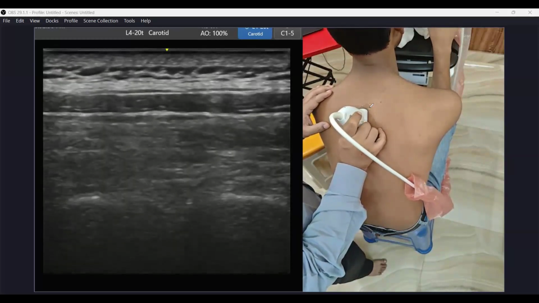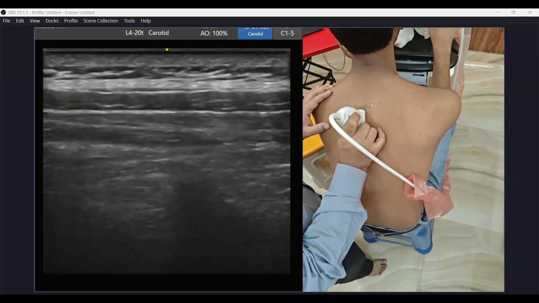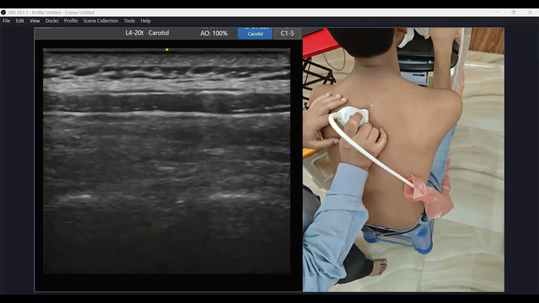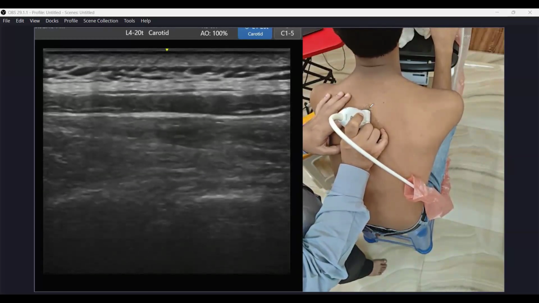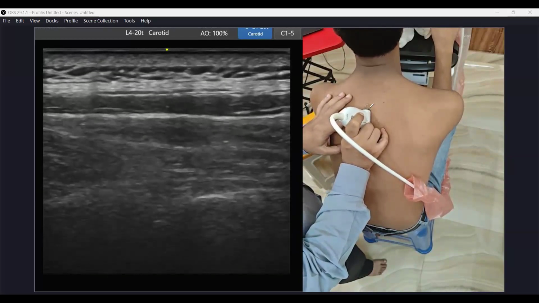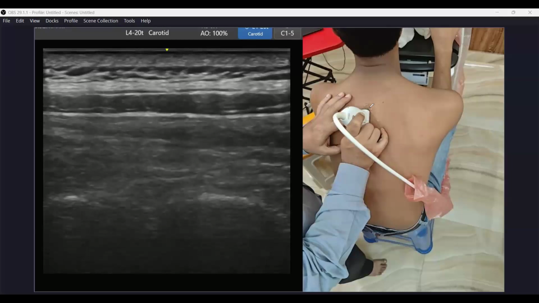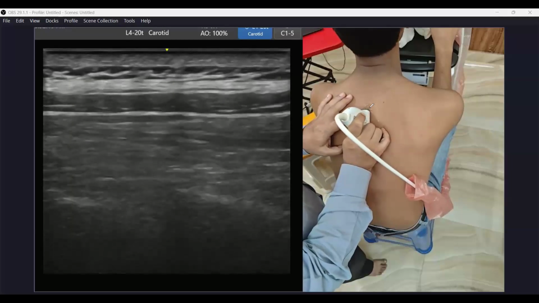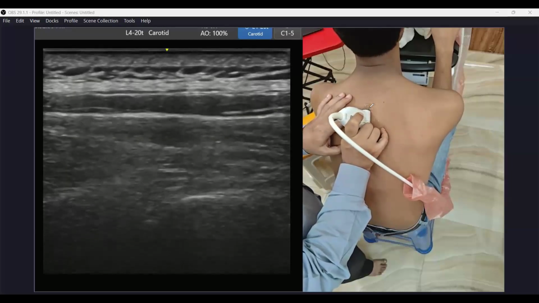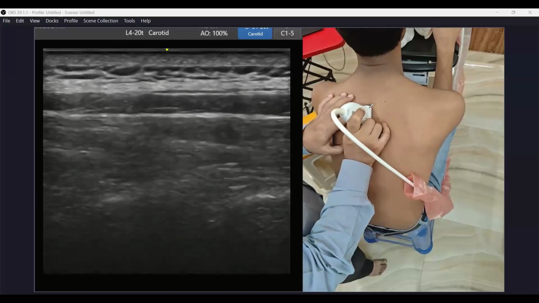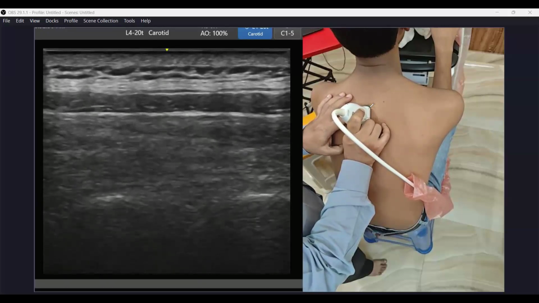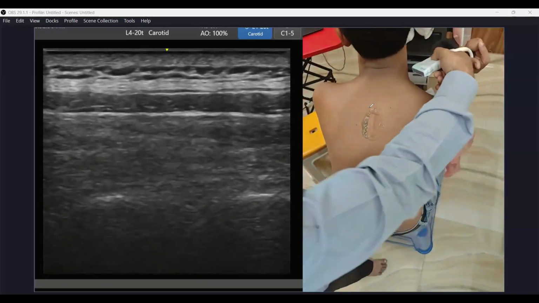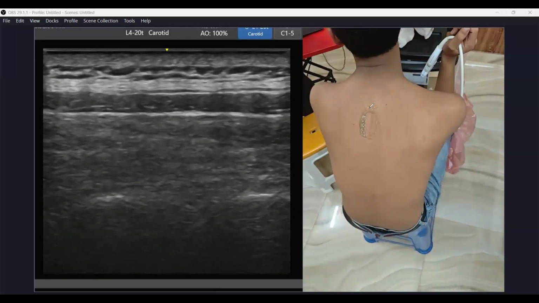So actually this part, hardly, it is only a few millimeters. So here just understand the gap between two bones. Just try to see the gap.